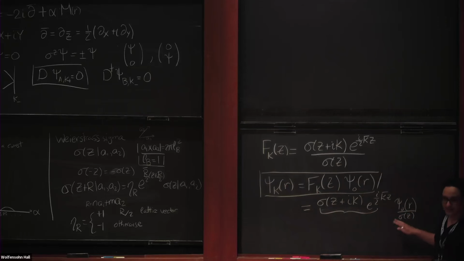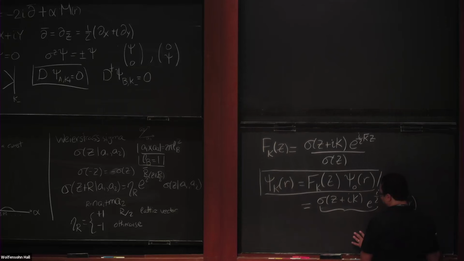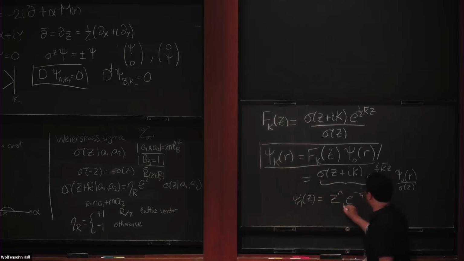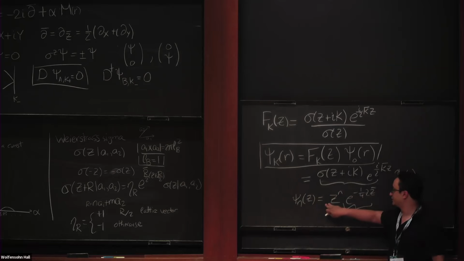So this looks exactly like the wave functions in the lowest Landau level. For example, in the standard symmetric gauge on the disk, the wave functions in the lowest Landau level look like z^n e^{-|z|^2/4}. And this part is not holomorphic, but it's common to all the states, while the part that depends on n is purely holomorphic.